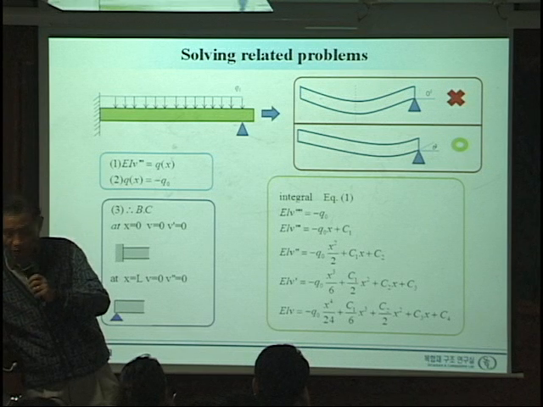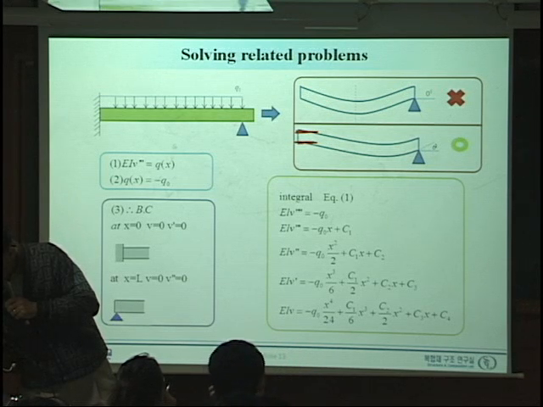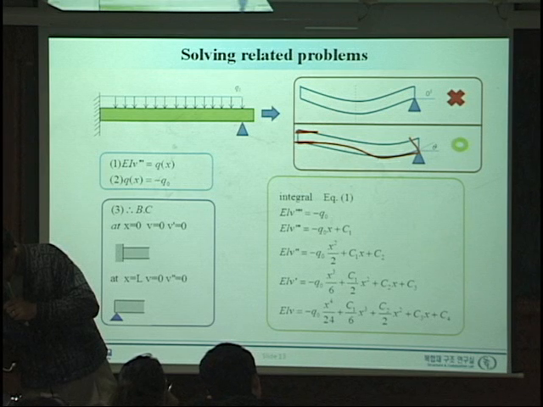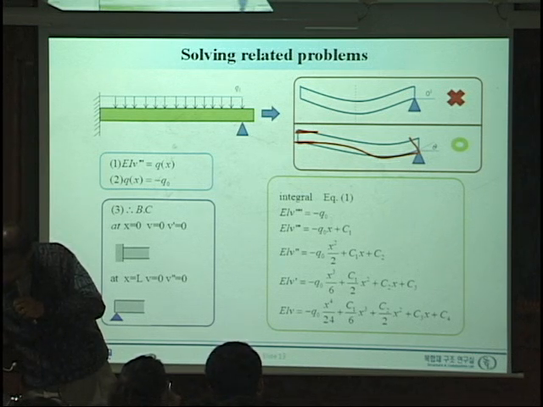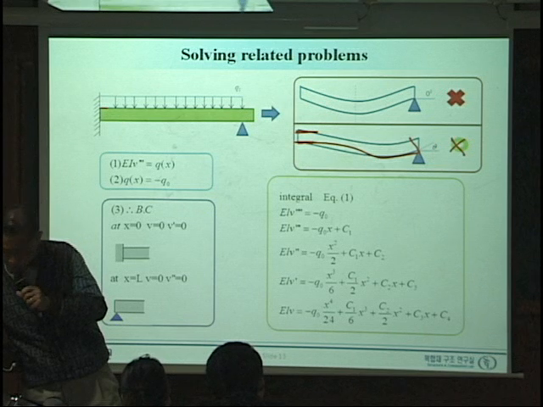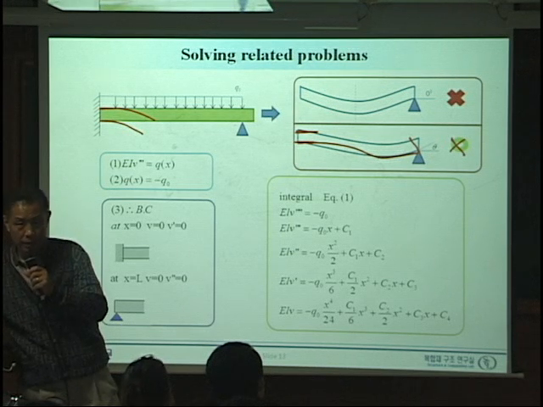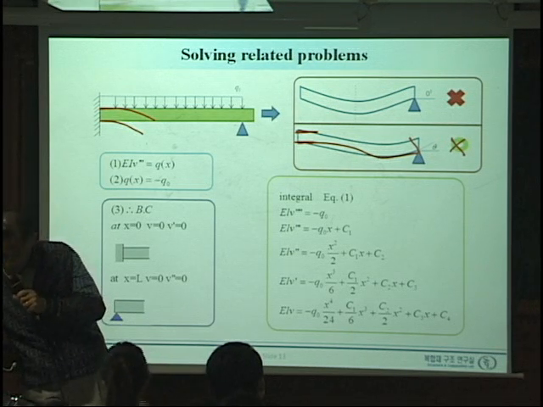This is certainly wrong, and you have to do it this way, right? Because the angle is also 0. Keep that in mind, it's very important. This is not quite right, and you have to draw it so that the deflection and angle are 0, right? So you have to go this way. That's the thing you have to pay attention to.